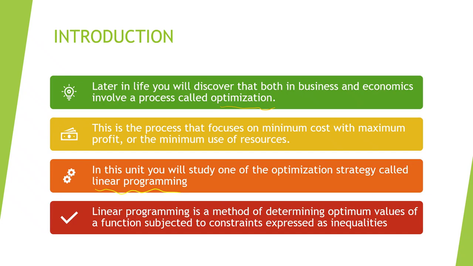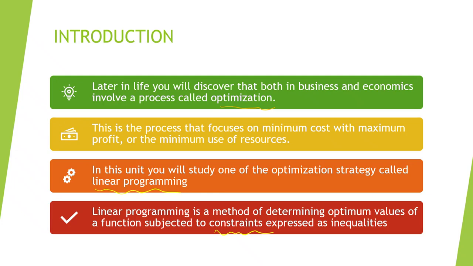So linear programming, in a nutshell, is a method of determining optimum values of a function subjected to constraints expressed as inequalities. So in here we are having this term constraints. Constraints are just limitations that you may have.